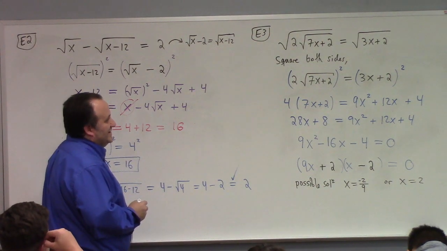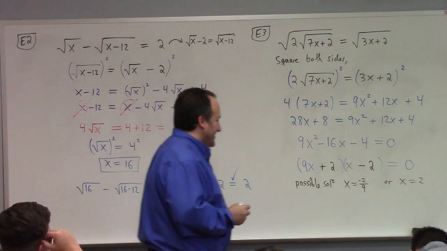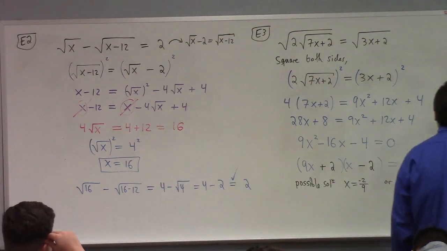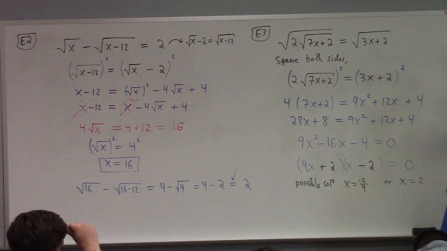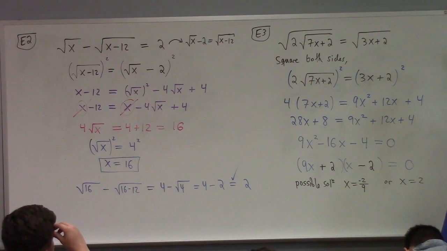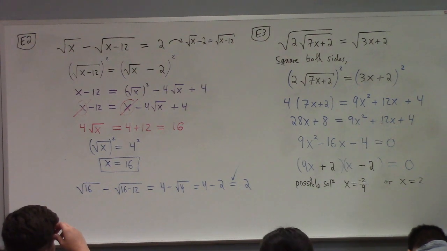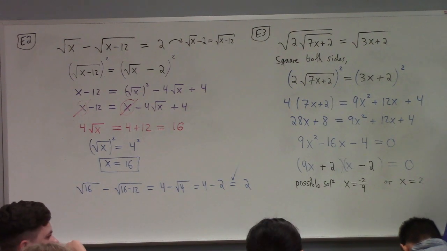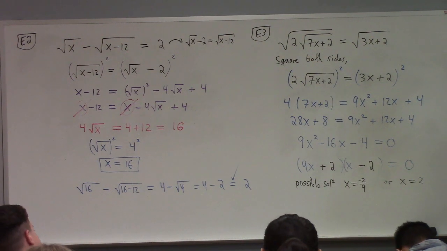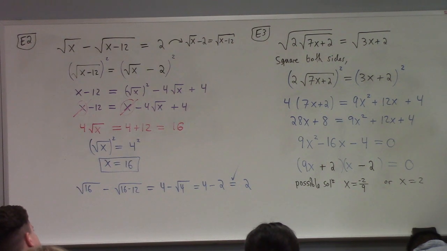Well, that's unpleasant, I love when fractions. Let's see here. Let me start with the 2. That one's easier, right? So we've got 2 times the square root of 7 times 2, which is 14, plus 2, right?